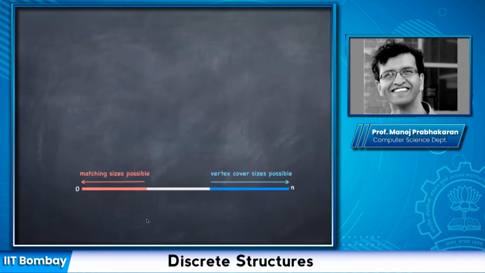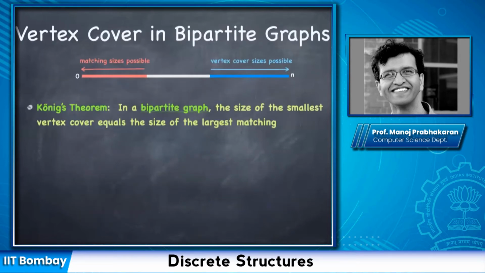Now, I promised you that in the case of bipartite graphs, there is a tighter relation, and that is Koenig's theorem. Koenig's theorem says that in a bipartite graph, actually, this gap doesn't exist. The size of the smallest vertex cover and the size of the largest matching are equal.